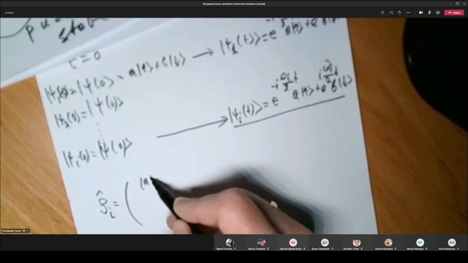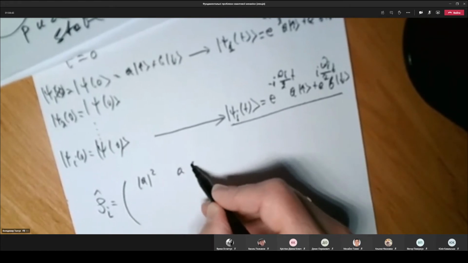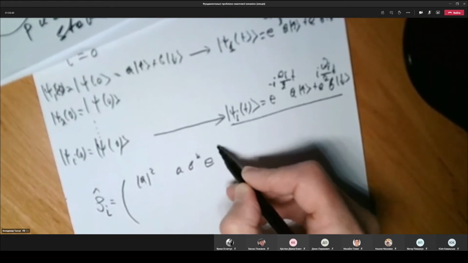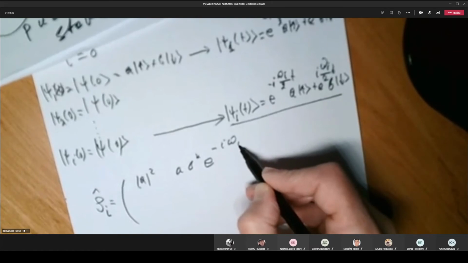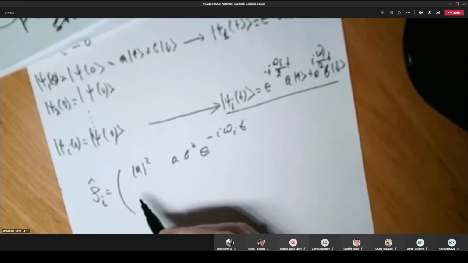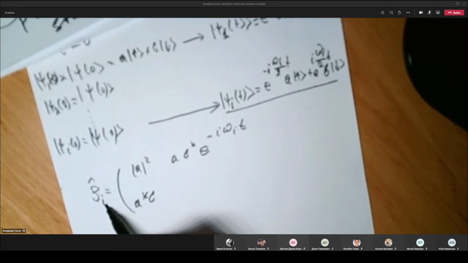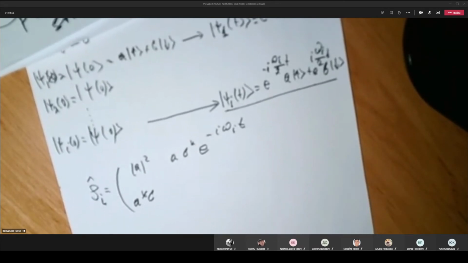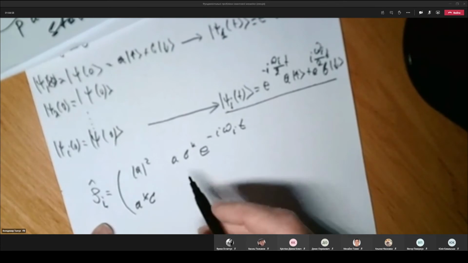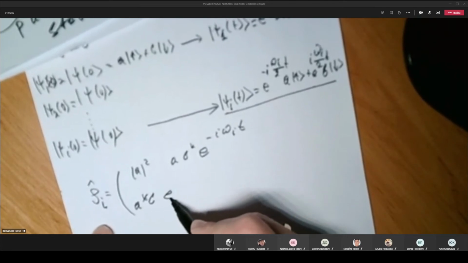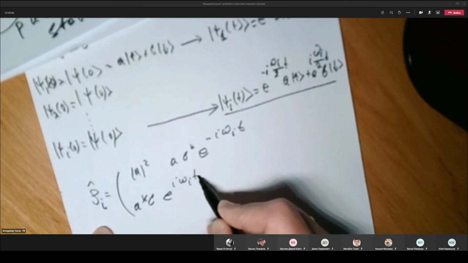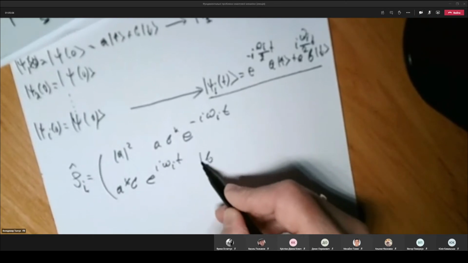It is A squared, AB, and so on, but only here the magnetic field is another. For i and i here, we have another magnetic field. And B squared.